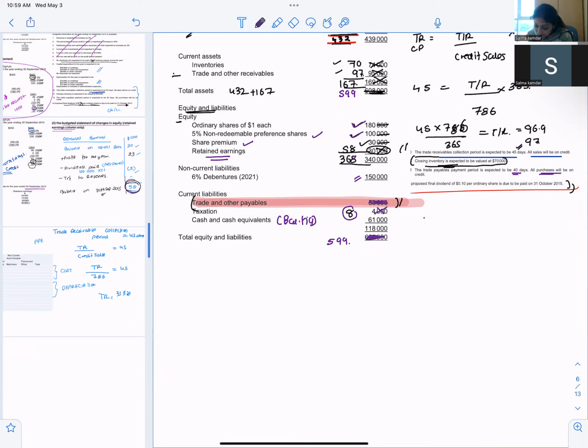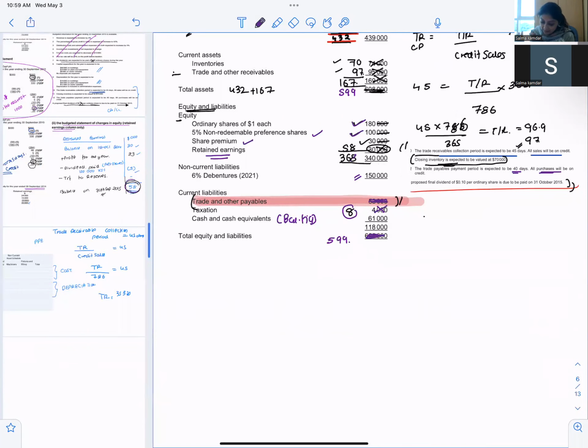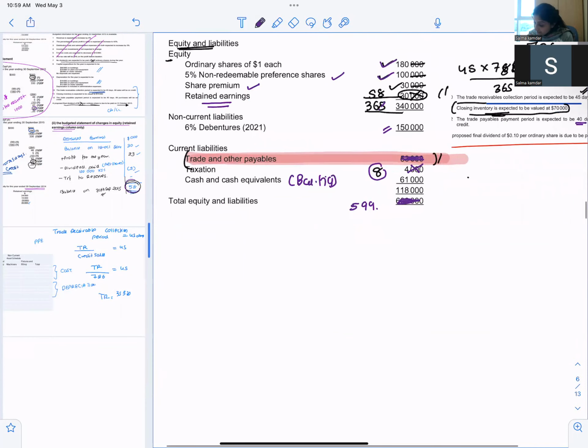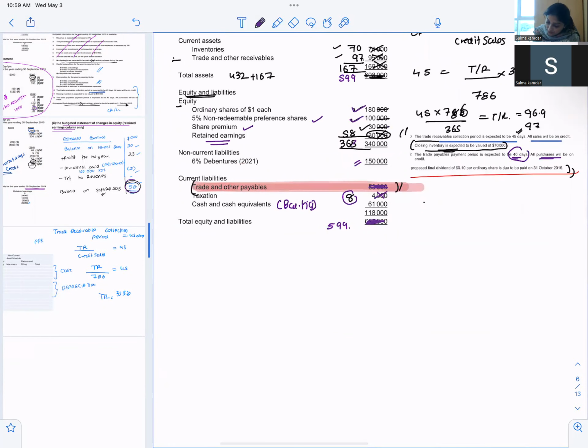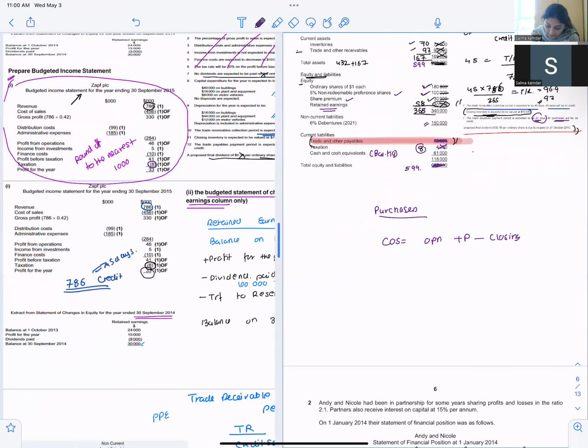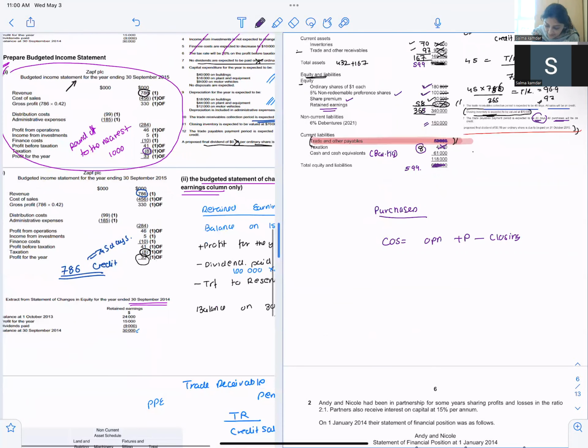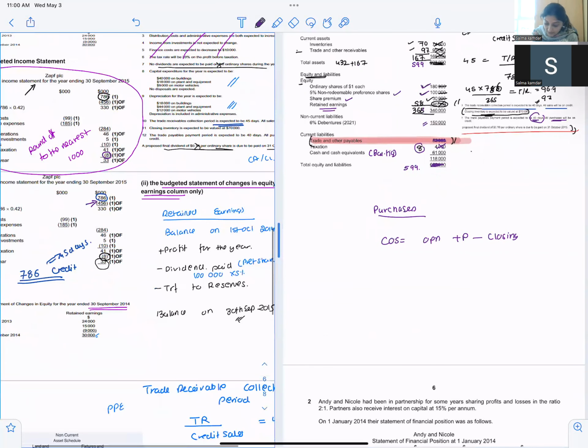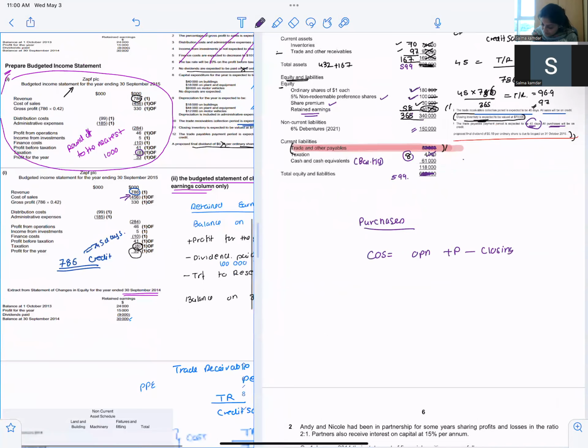Now your target is to find your trade and other payables. It is expected to be 40 days. So first you have to find your purchases. You know your cost of sales is opening inventory plus purchases minus closing inventory. And your current cost of sales you had found out to be 456 in the income statement.